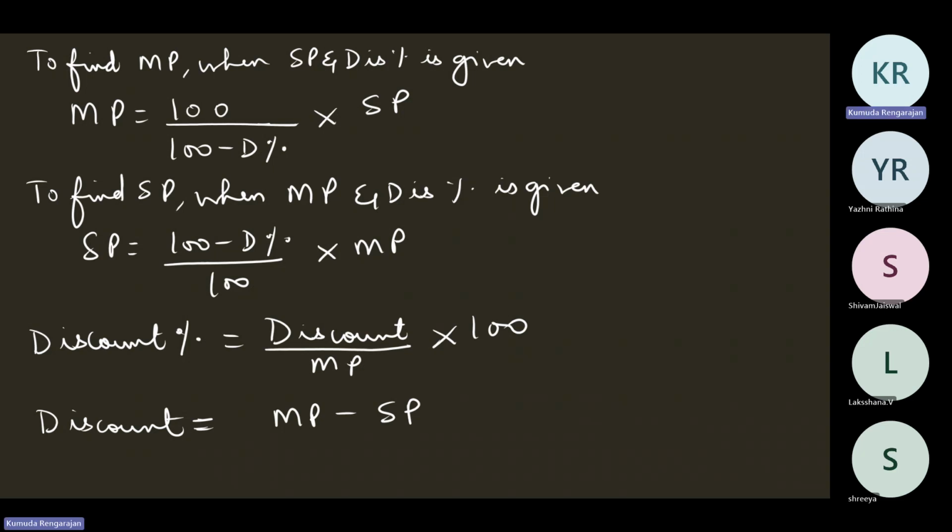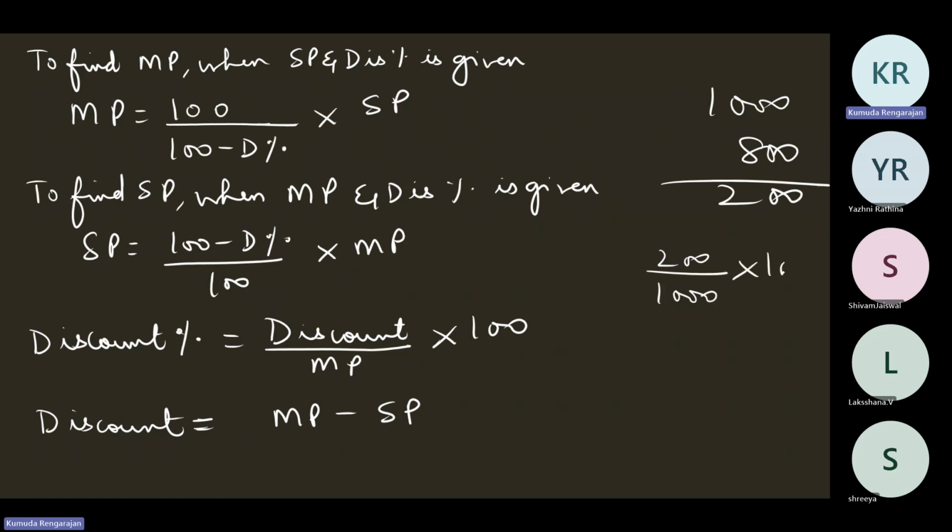So say it's marked 1,000 rupees and his selling price is 800. That means he's given you a discount of 200. To find the discount percent, it is discount 200 by the marked price 1,000 into 100.